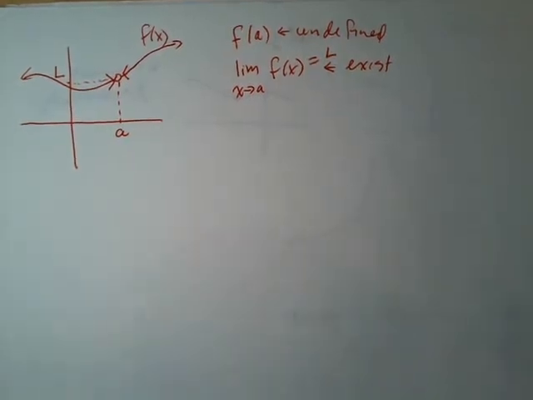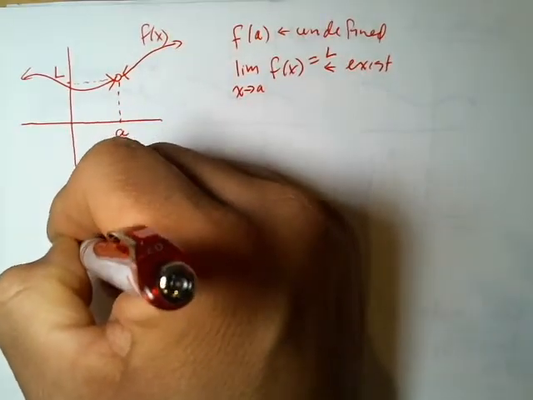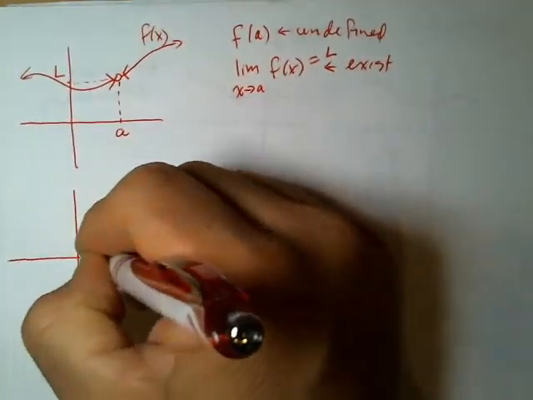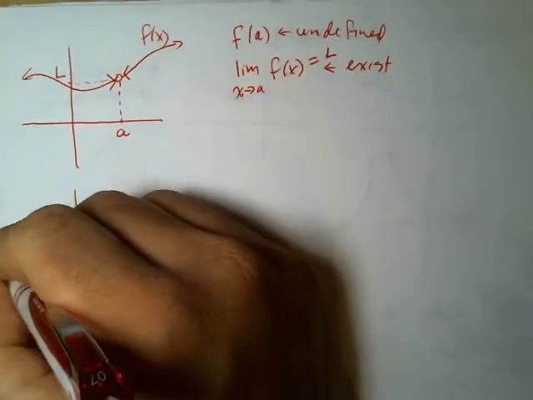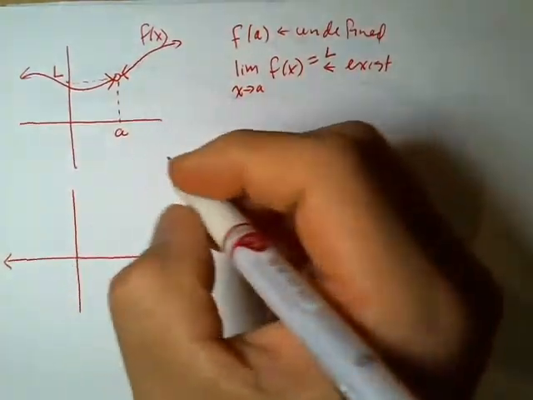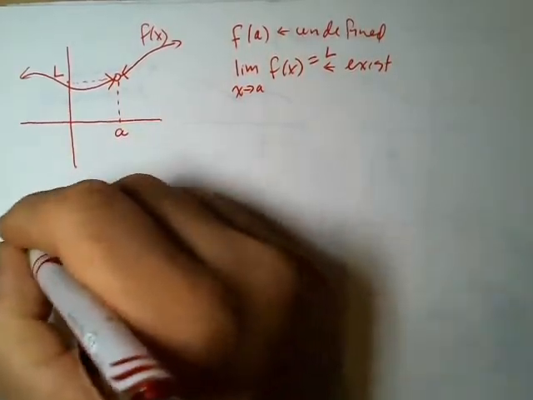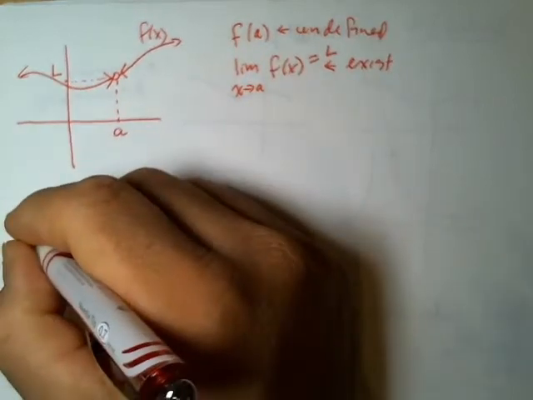Another way it could fail is if we have, let's say, this as our f of x.